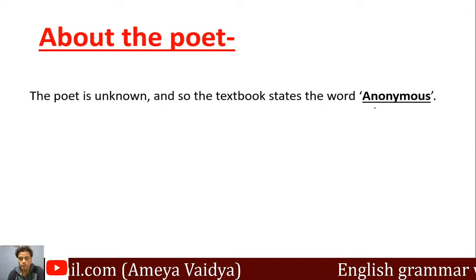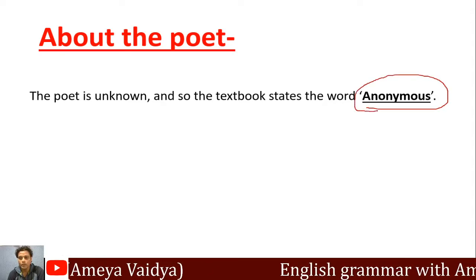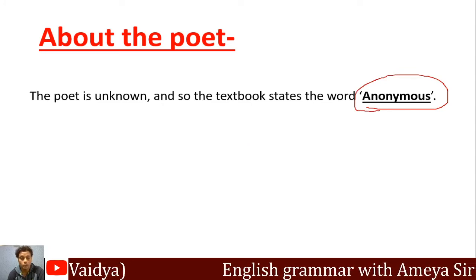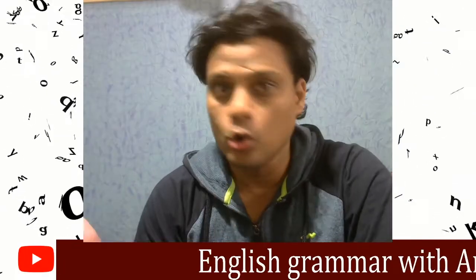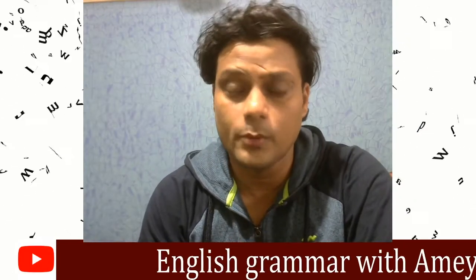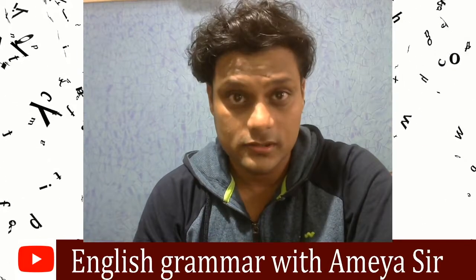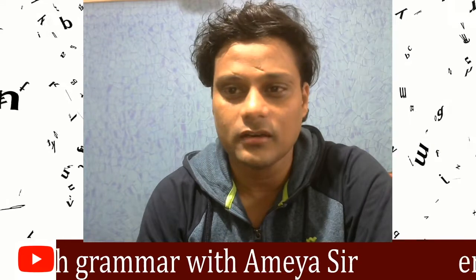So whenever you see this word here, anonymous, it doesn't mean that there is a poet by the name Anonymous. It just means that the poet is unknown. So nobody really knows when this poem was written and who wrote it. Or maybe they know when the poem was written but don't know who wrote it. So it's anonymous. Anonymous is not the name of the poet. You got to keep that in mind.